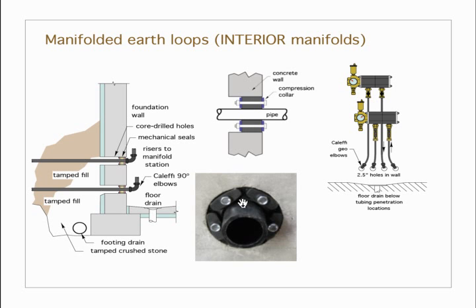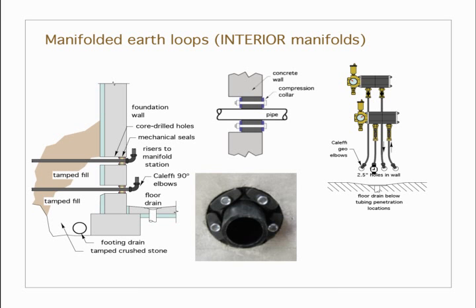So these are definitely strong enough to keep groundwater out, and it provides a professional way to bring that pipe through. And then you'll see some elbows down here at the bottom. Caleffi has some fittings available, and these are, again, elbows that can be attached without any fusion equipment, essentially a compression fitting. That gives you a nice tight 90-degree turn, and from there you can mount your manifold on the wall.